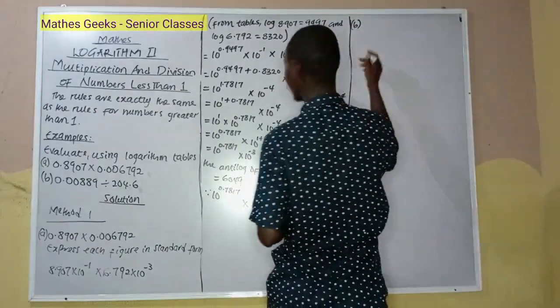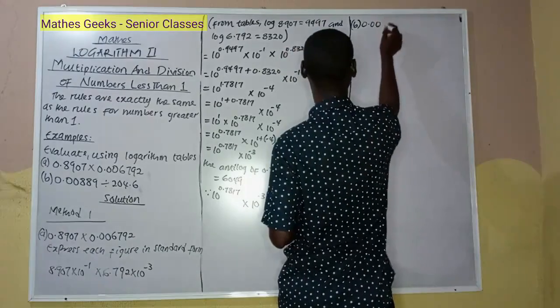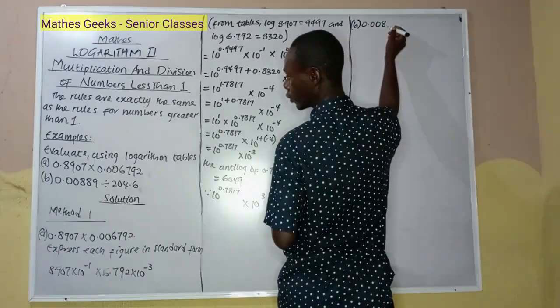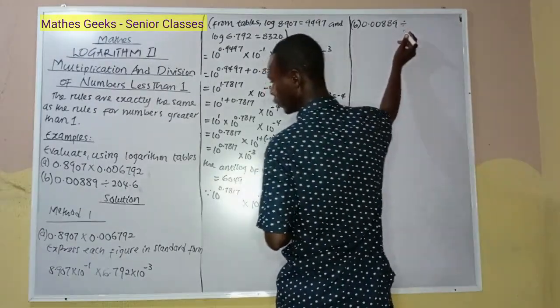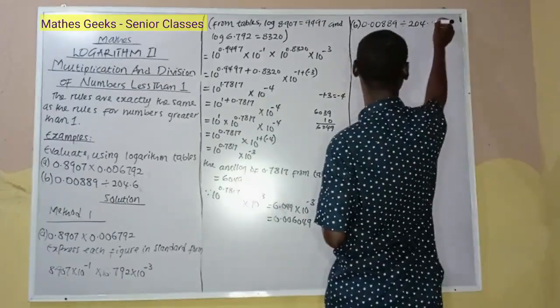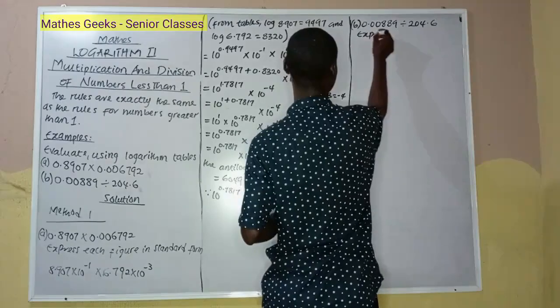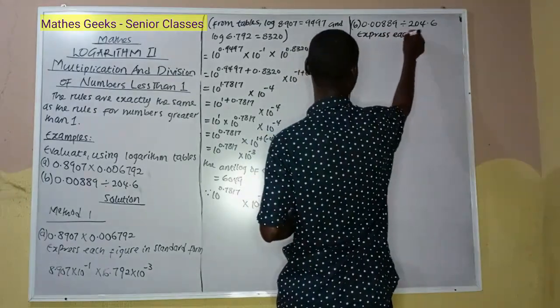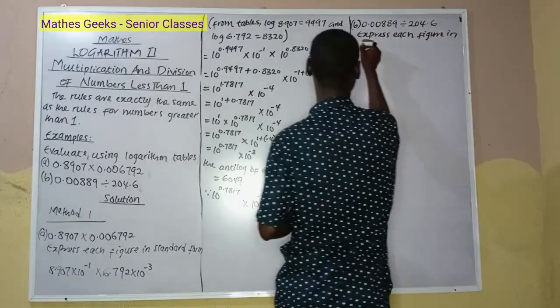Question b: 0.00889 divided by 204.6. So express each figure in standard form.